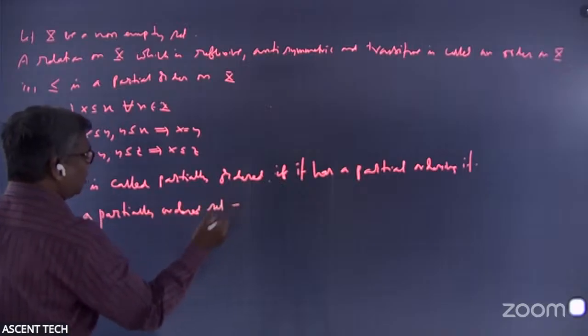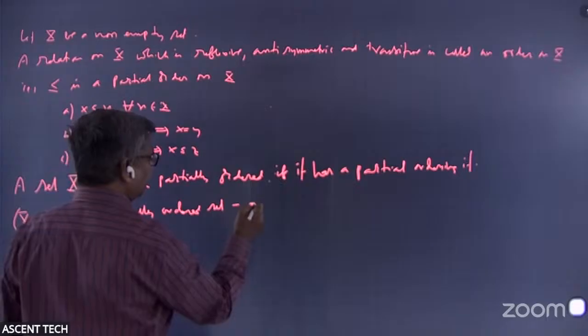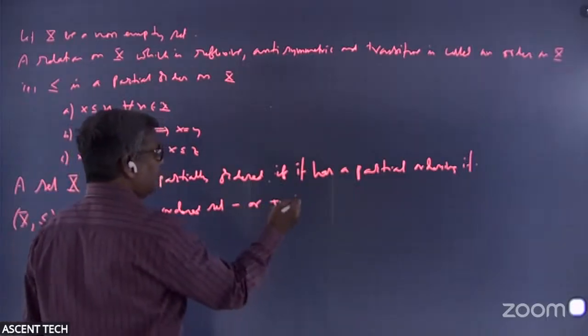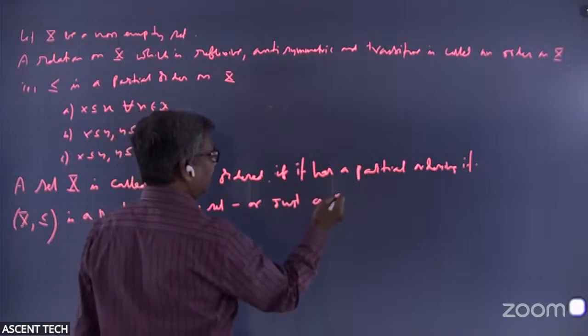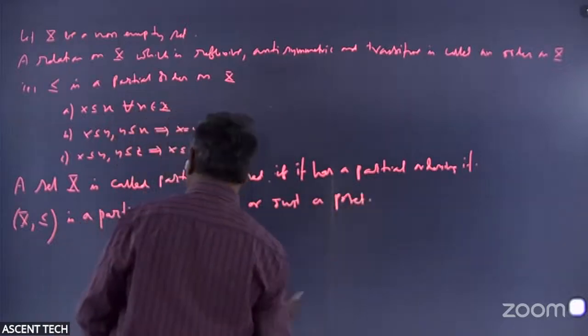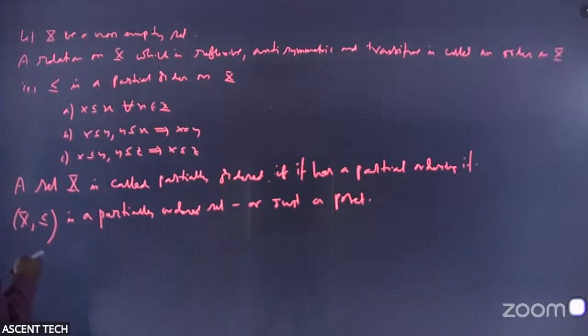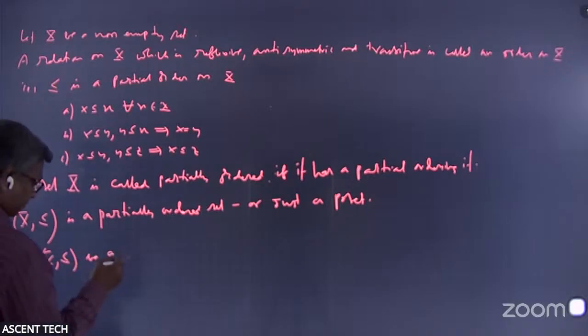Oftentimes we say it is a poset. So suppose I took a poset: let X with less than or equal to be a partially ordered set, a poset.